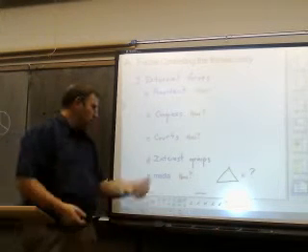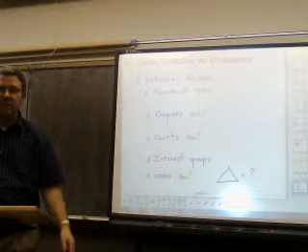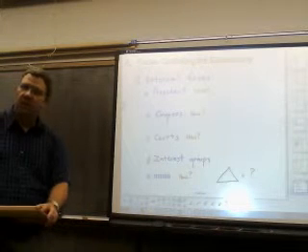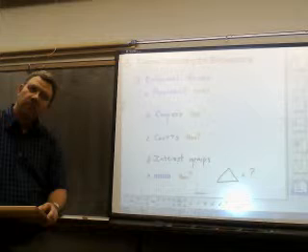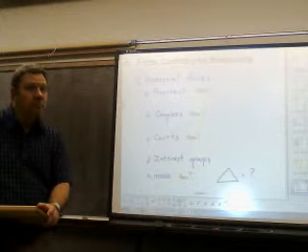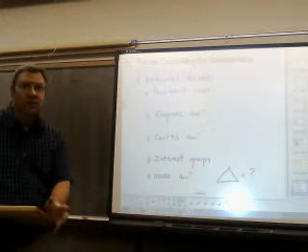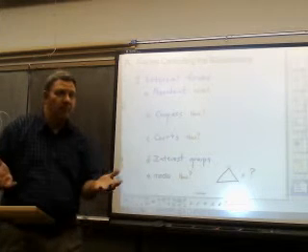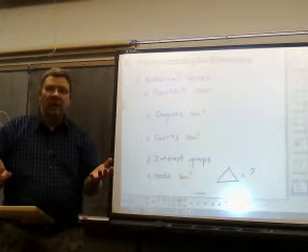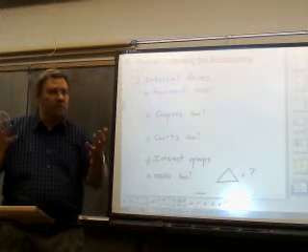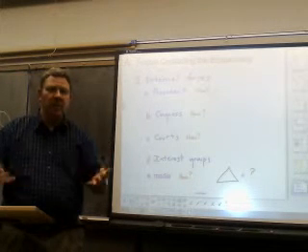Okay? Interest groups. How can interest groups affect the bureaucracy? Influence. Okay, where? People. What does a bureaucracy have that gives input? They have hearings. Every time they make new rules, they have a hearing.